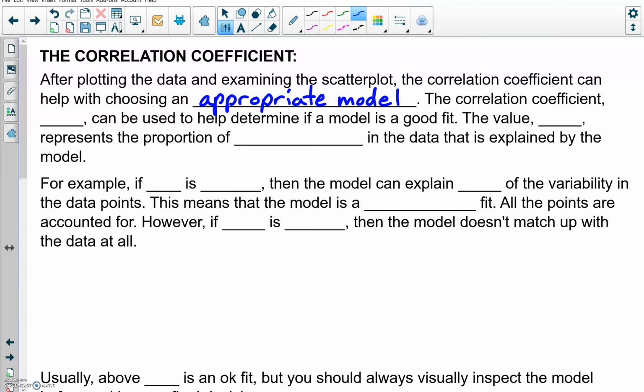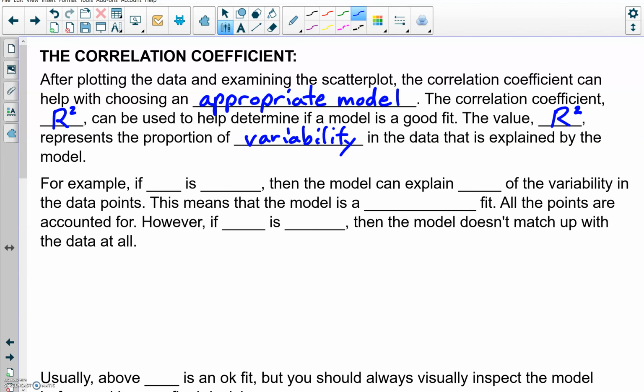And basically, the correlation coefficient is denoted by r squared, and it can be used to help determine if a model is a good fit. So the value r squared represents the proportion of variability in the data that is explained by the model.